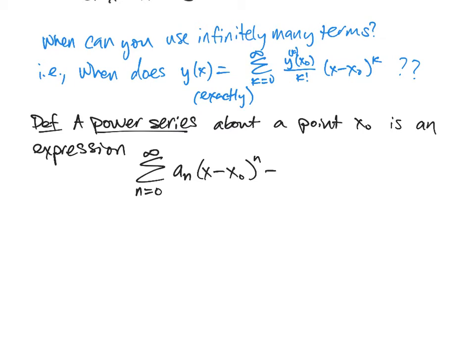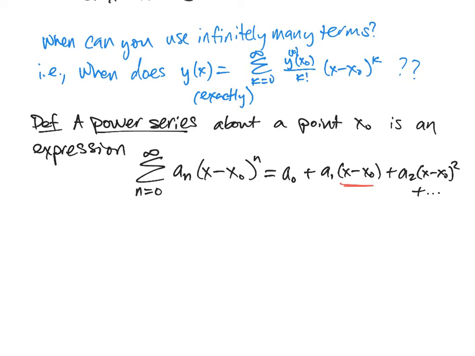If we wrote this out, this would look like a naught plus a1 times x minus x naught plus a2 times x minus x naught squared, and so on. So it's an infinite polynomial, and instead of having x's and x squares and x cubes, you've got x minus x naught because we want to be centered around a point.